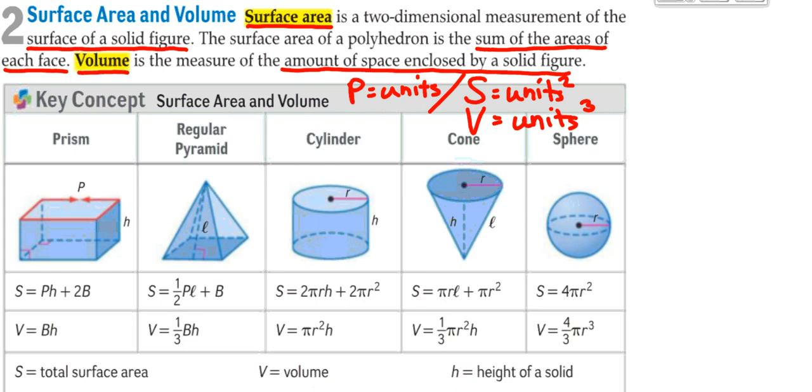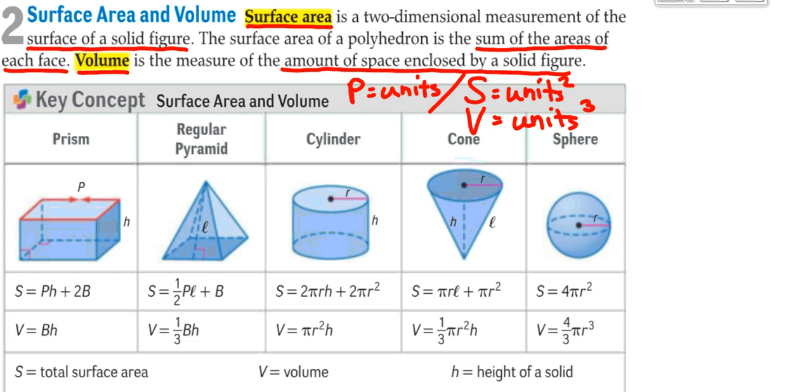And so if we have a prism, and that's this one on the left here, we can think of unwrapping. I'll wait a minute until you get something written down about those units, because I do want you to know that. We can think, though, of unwrapping the shape and seeing what we get when we unwrap it.